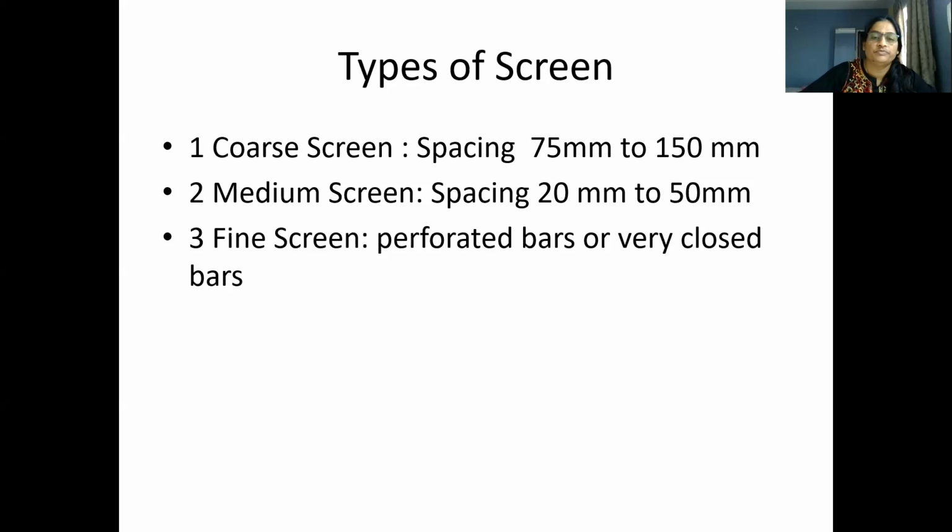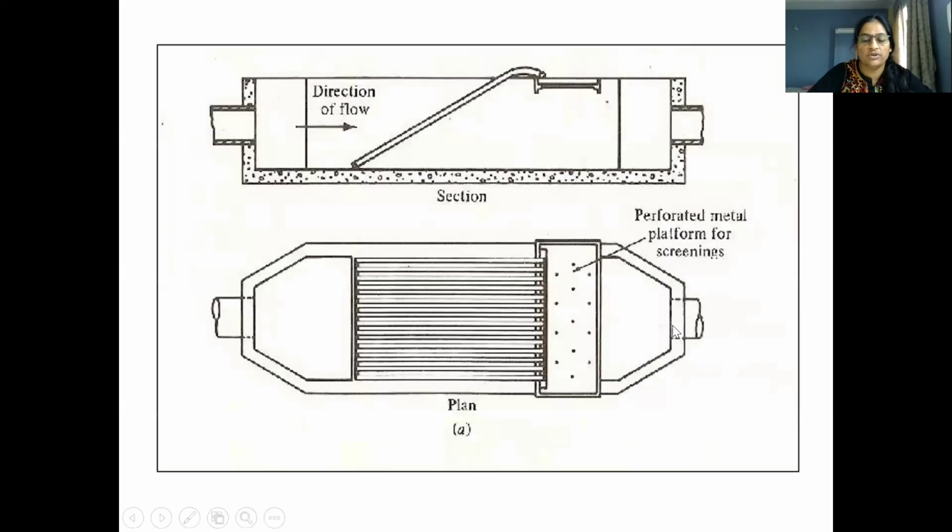Okay, finished. So Sachin, do you want to see this figure? Okay.